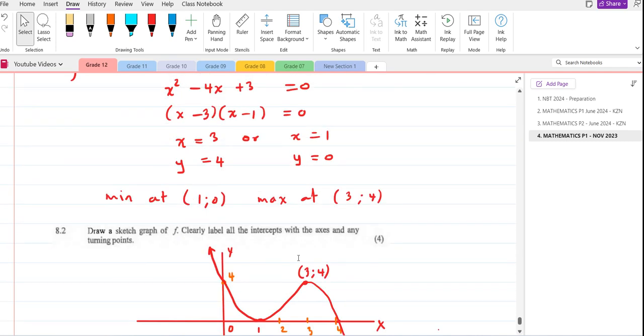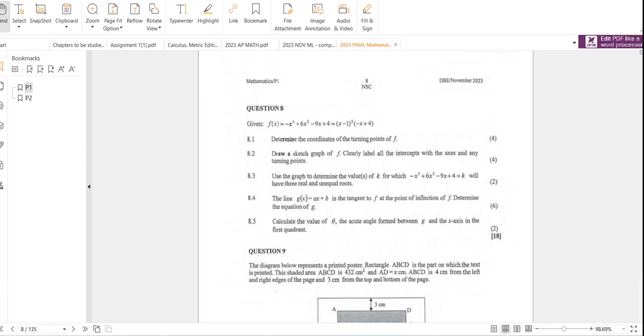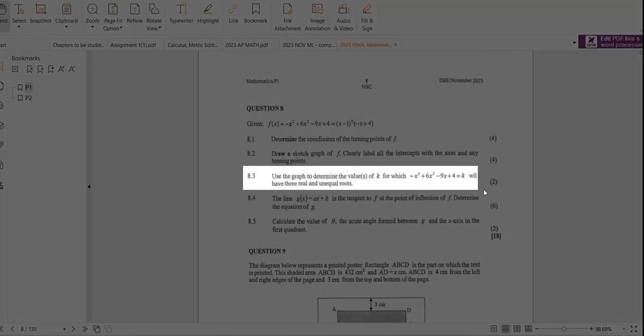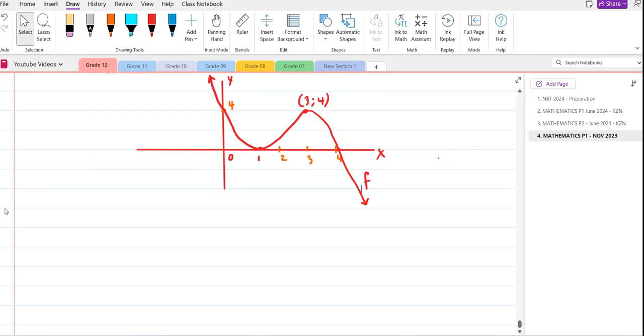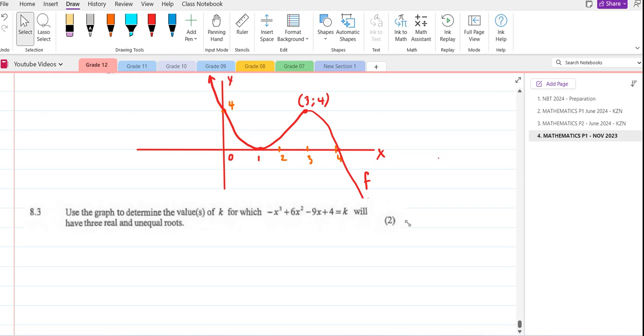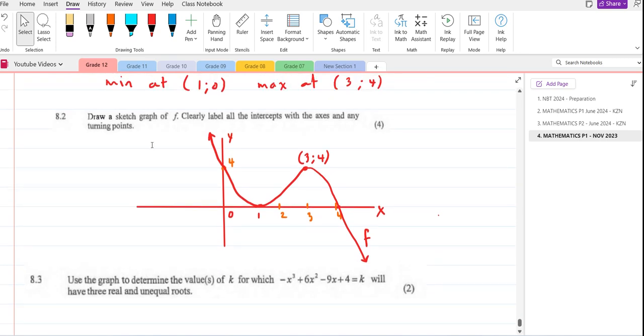Next question. Use the graph to determine the values of k for which it will have 3 real and unequal roots. Real and unequal basically means distinct roots. So let's use this graph.